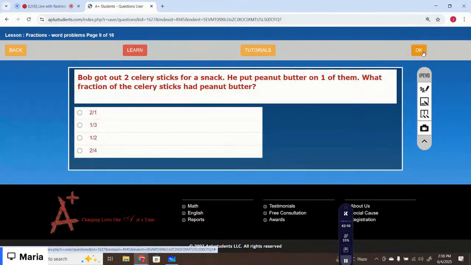Bob got out 2 celery sticks for a snack. He put peanut butter on one of them. What fraction of the celery sticks had peanut butter?